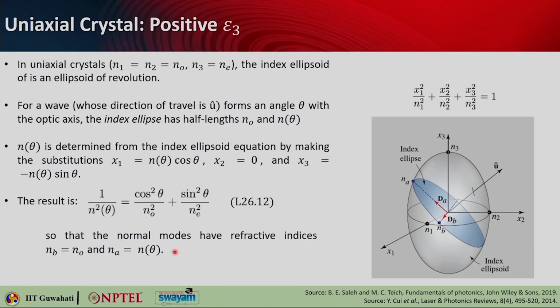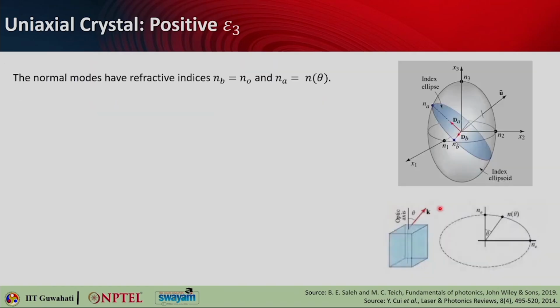So, you can obtain that the normal modes will have refractive indices NB is basically NO and NA is basically your N theta.